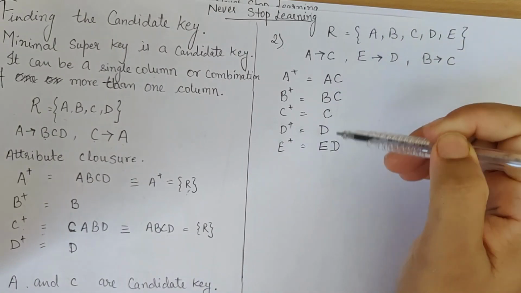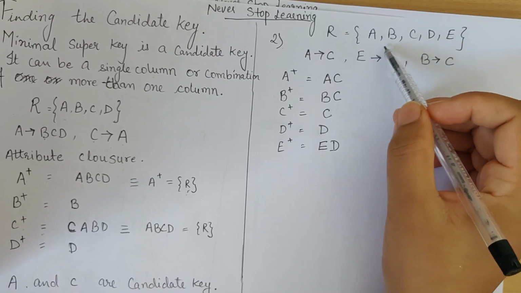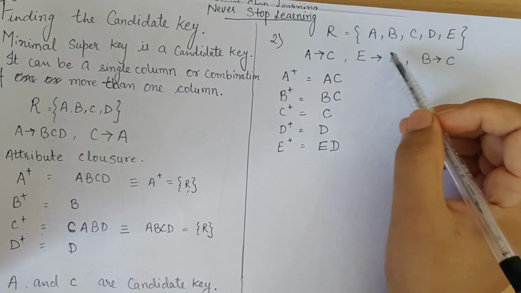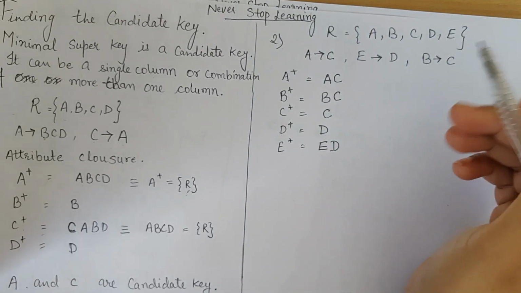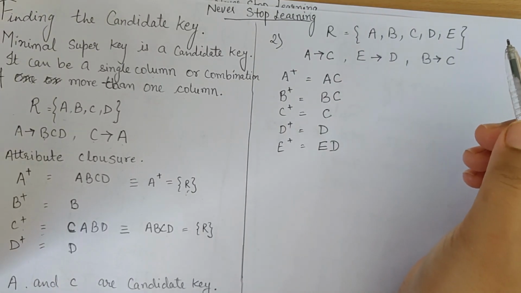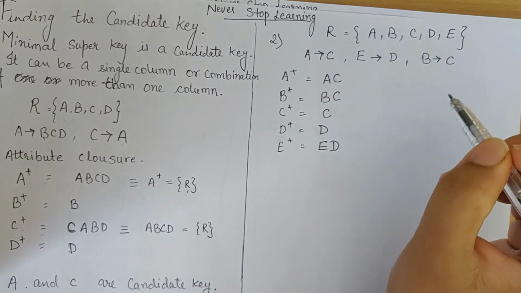Otherwise you have to make combinations, like AB, AC, AD, AE, BC, BA, and check each. But there is a little trick to find the important elements.